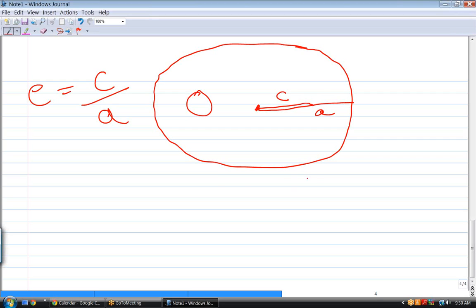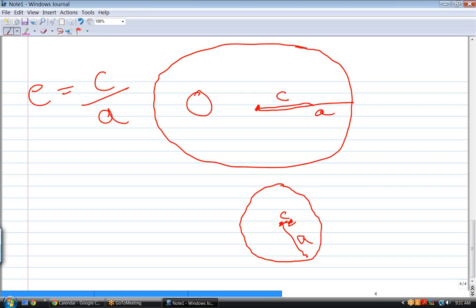And a circle I believe has 0 eccentricity. Let me think for a second. Yeah, in other words, as we draw ellipses closer and closer to circles, I'll draw one here, it's just a slight ellipse. Well, c isn't very far from the center. That's c. And yet that's still a.